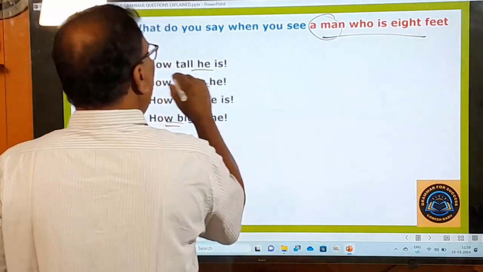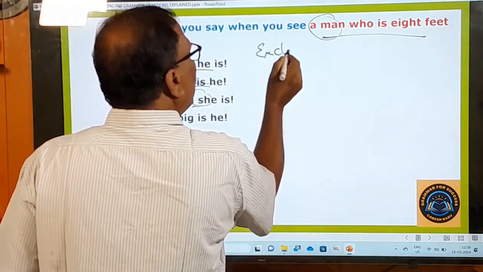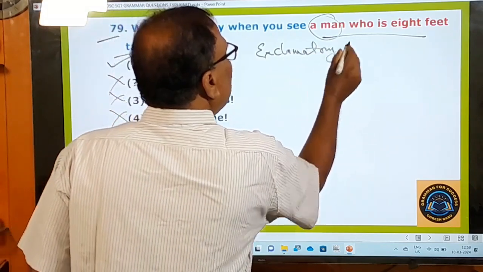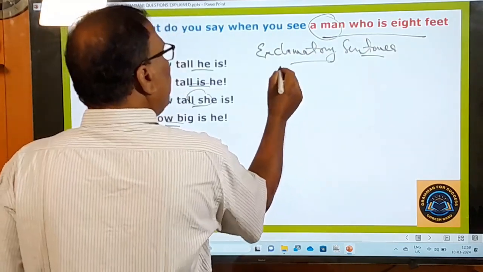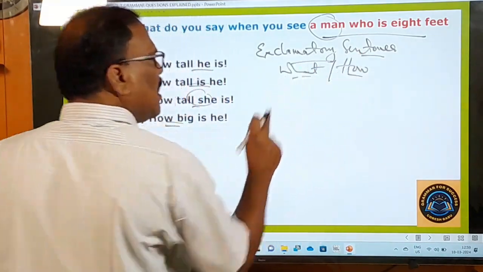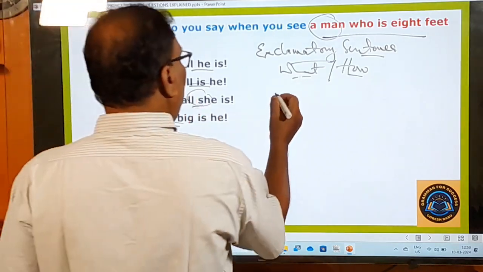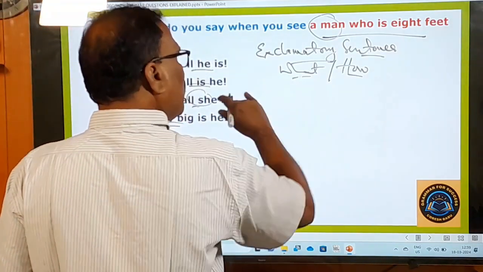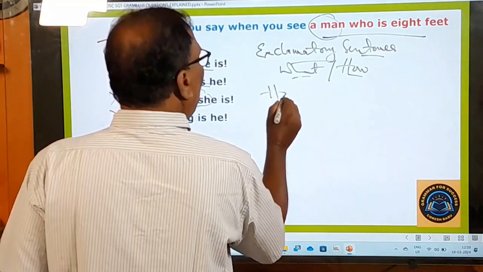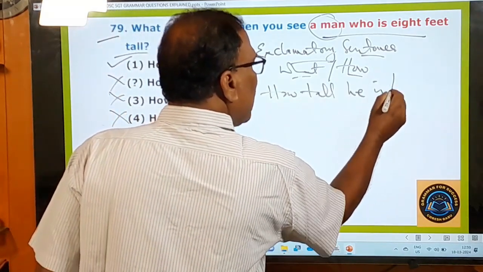Actually, whenever you write an exclamatory sentence, they generally begin with either what or how. And what will be the sentence pattern or sentence order? Here, see, how tall he is, exclamation mark.